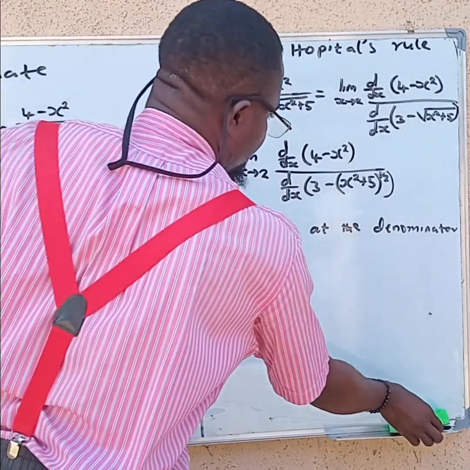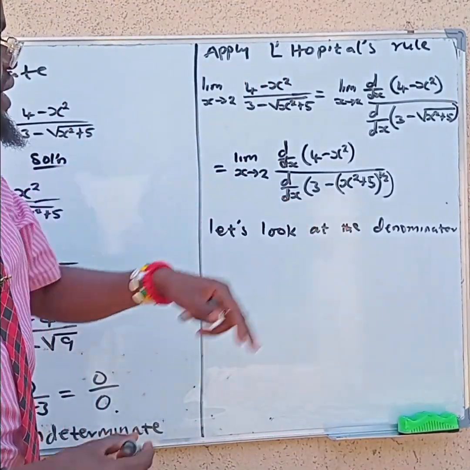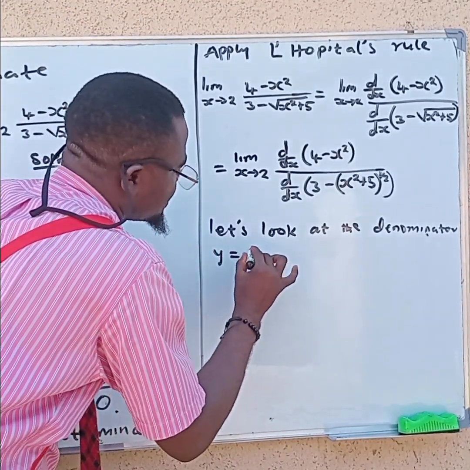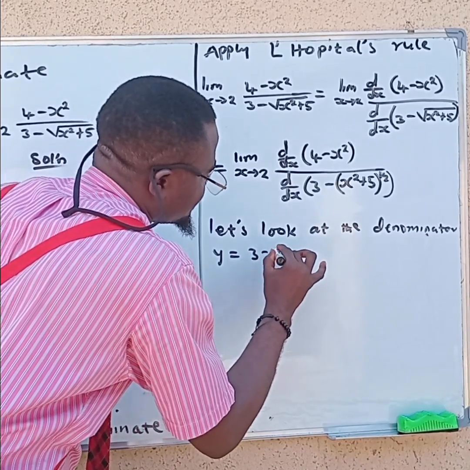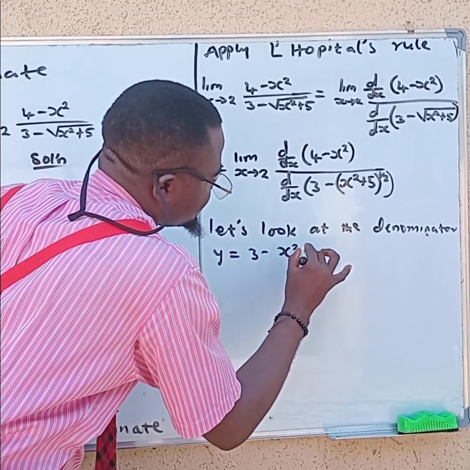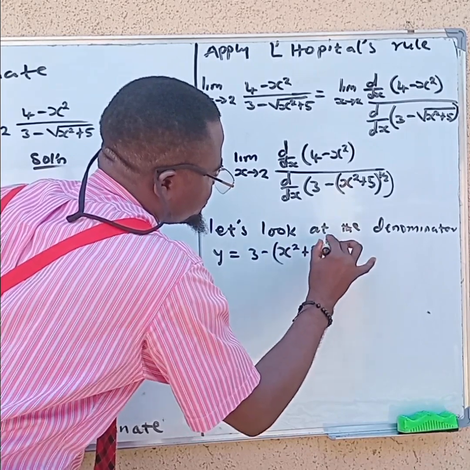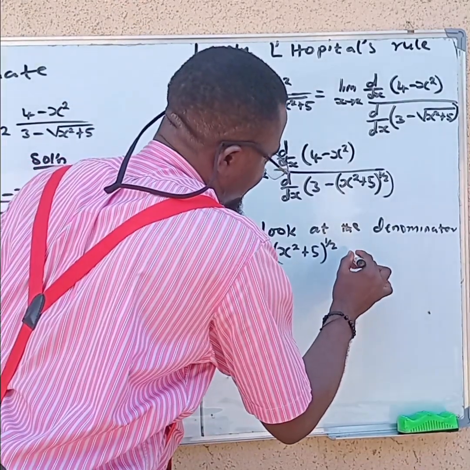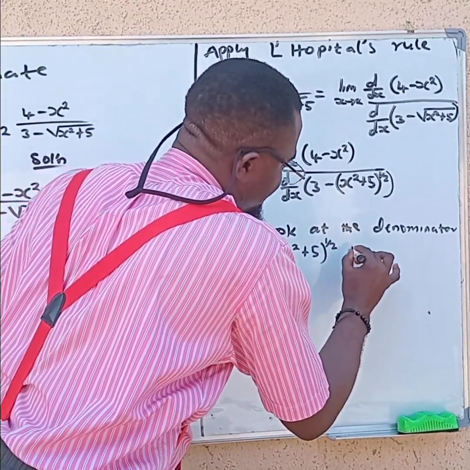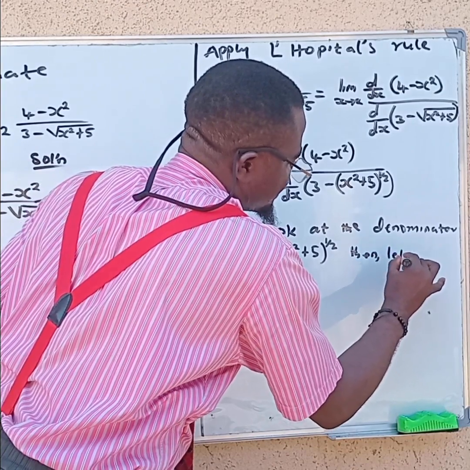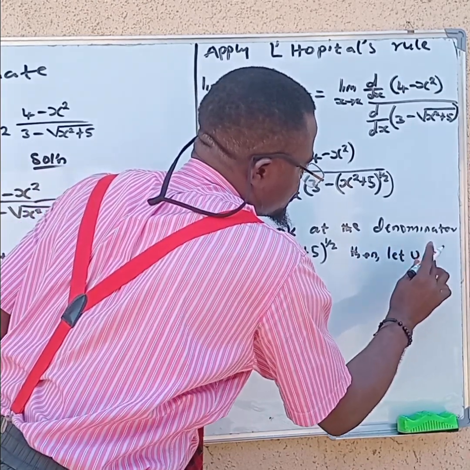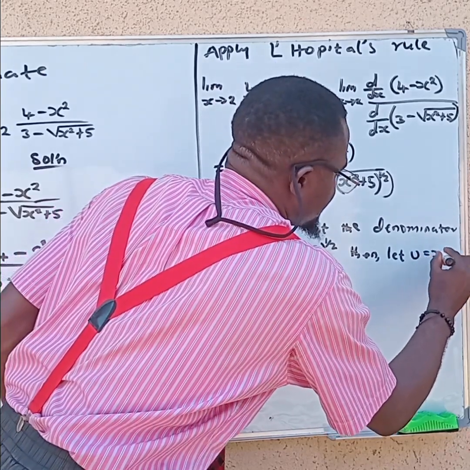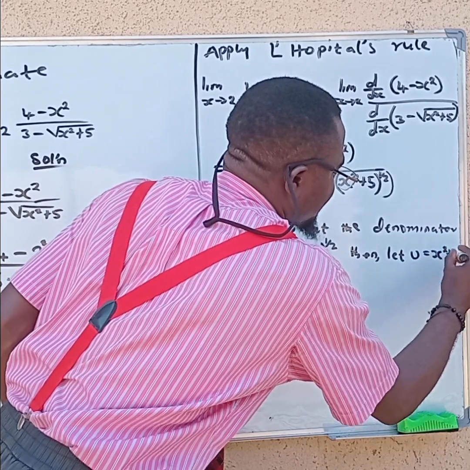Now, if you are looking at the denominator, let's say that y equals 3 minus x squared plus 5 raised to power of half. If you have it like this, then let u equal x squared plus 5.